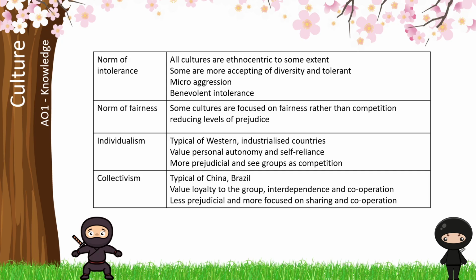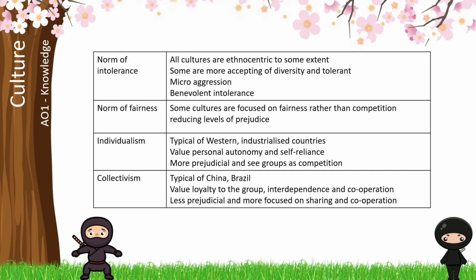Where we're talking about microaggressions in the norm of intolerance, we're saying those kind of shady or backwards compliments rather than being overtly prejudicial. We're also going to talk about this idea of benevolent intolerance, in that we nicely just don't address things or we ignore things rather than challenging those microaggressions.